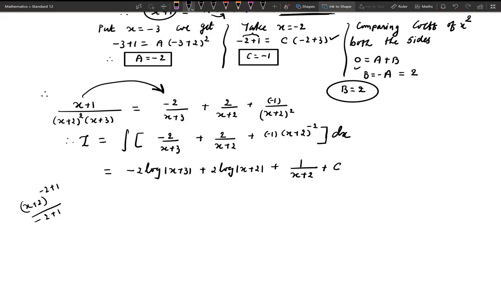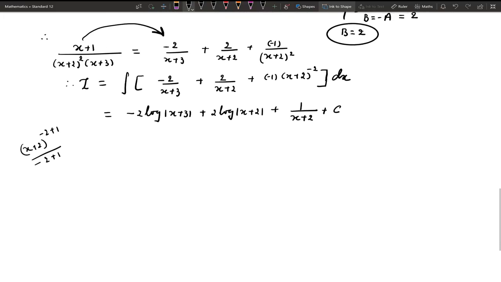So this is the solution using the method of partial fractions. In this example, in the denominator we have factors, one is linear non-repeated, another is linear and repeated due to the square. So on the right hand side we have shown the method of how to find the unknowns a, b and c.